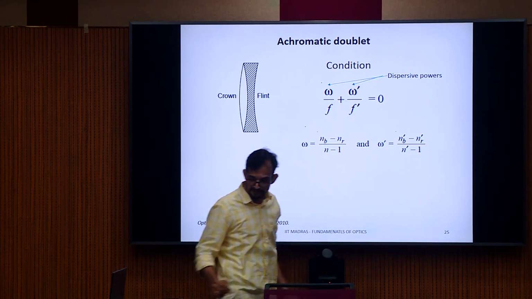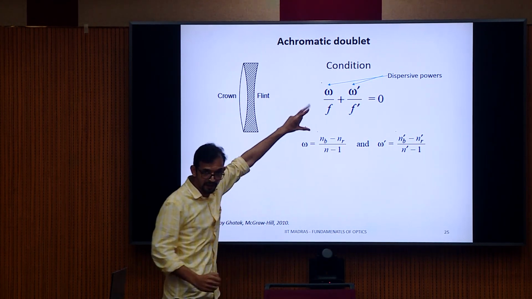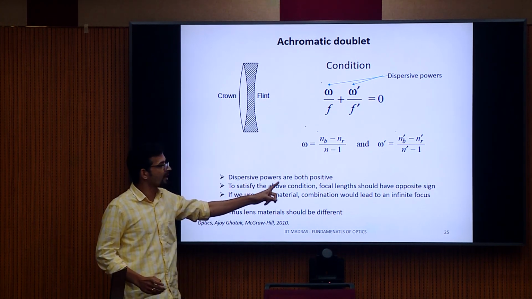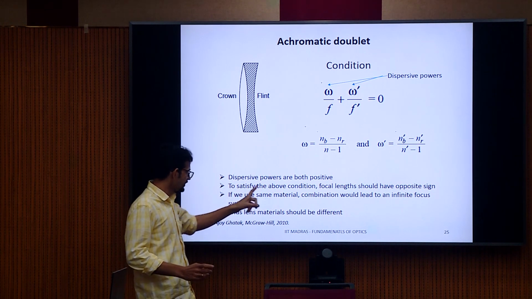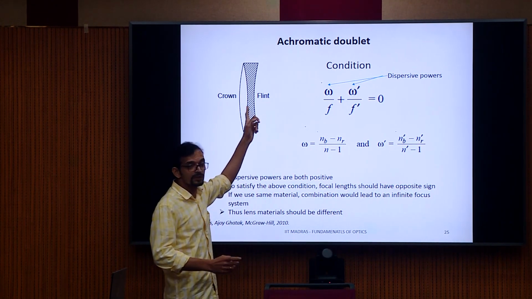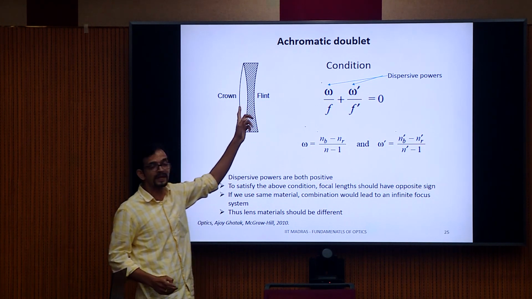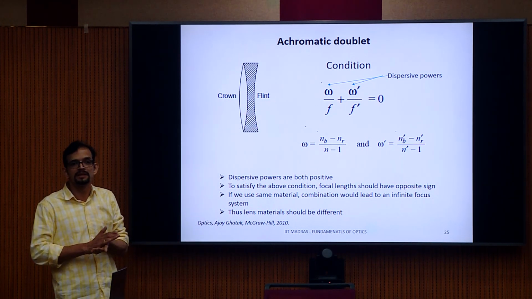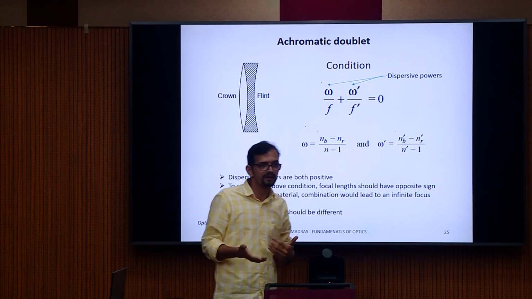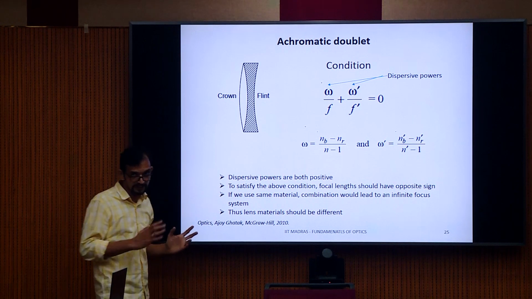If you satisfy this condition, we can correct the chromatic aberration, but dispersive powers are always positive. So to satisfy the condition, the focal lengths should have opposite signs. That is why you need a convex and a concave lens, and they should be well in contact. If air or some other liquid with a different refractive index comes into play, you lose the game.